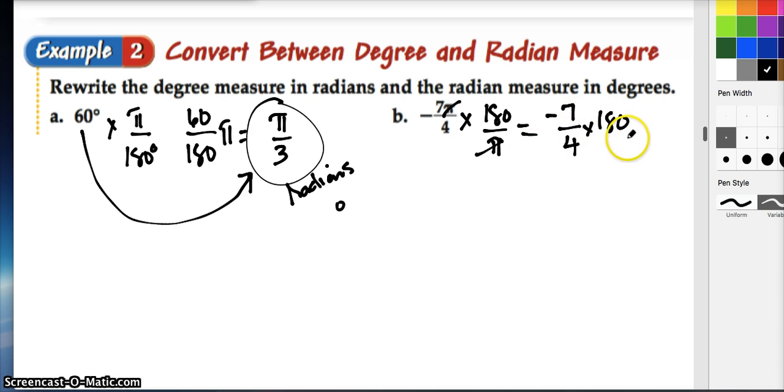If I divide 4 into 180, will that go in evenly? Maybe. Let's see, 4 goes into 18 four times, 16, and then we're left with 20, 25. So 4 goes into 180 45 times. 45 times 7 is going to leave us with 315, and that's negative. So this is a negative 315 degree angle.